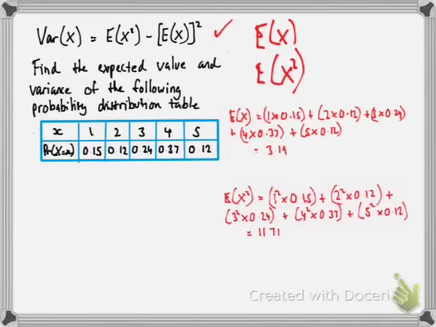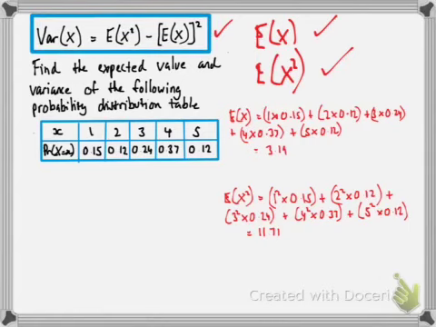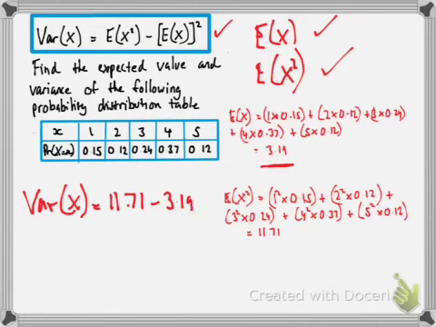Alright, so once we've found those two, E(X) and E(X squared), then we apply this formula here. So Var(X), the variance of X, equals E(X squared), which is 11.71, minus E(X), 3.19, squared.